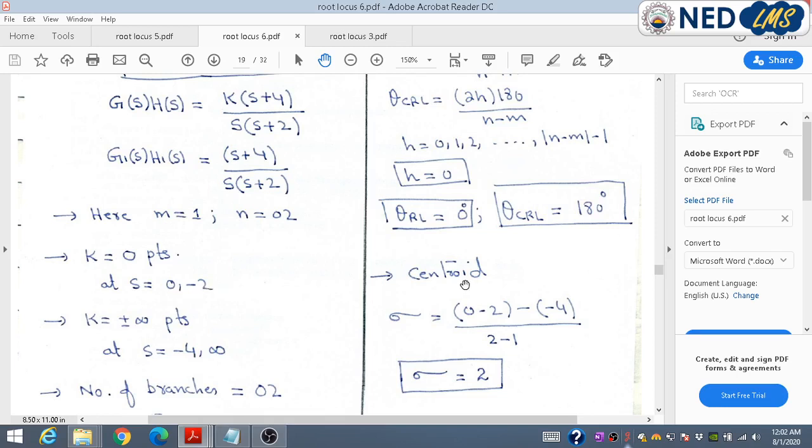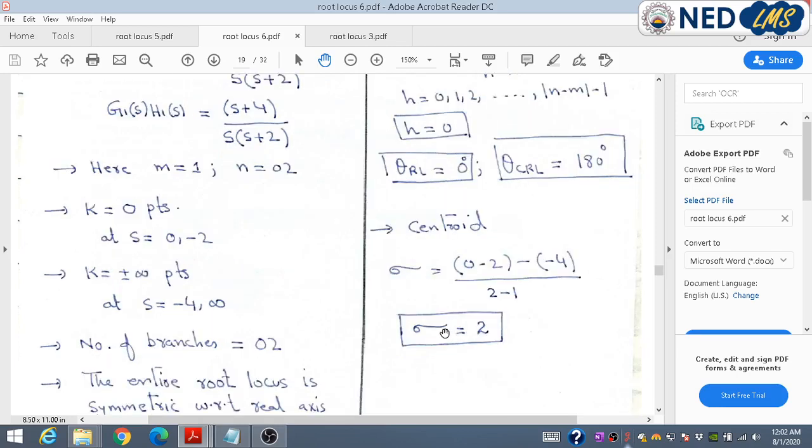So next we have to find out the centroid, the value on the real axis from where we have to plot the angles 0 and 180 degrees. And it is quite obvious that on the real axis 0 degrees would be on the right side of the S plane on the sigma axis, and 180 degrees would be on the left side, the negative side of the real axis.